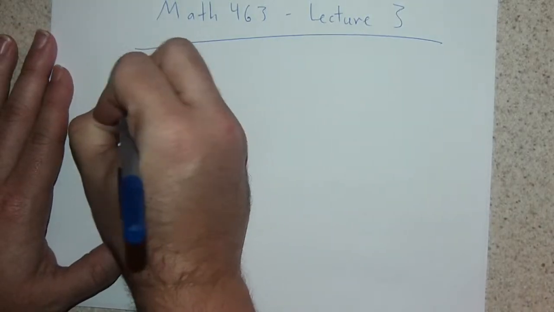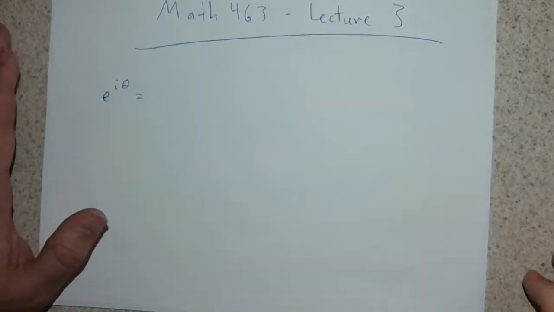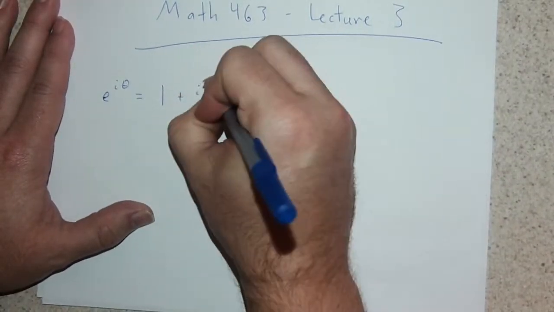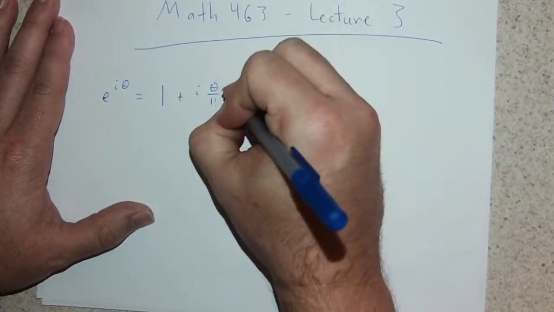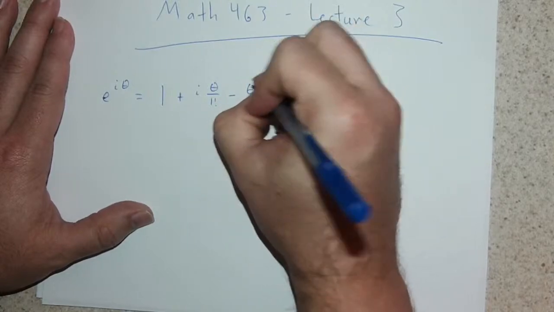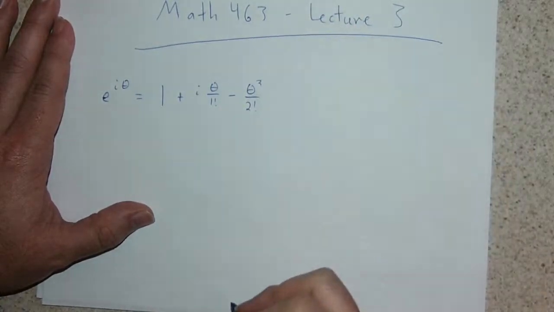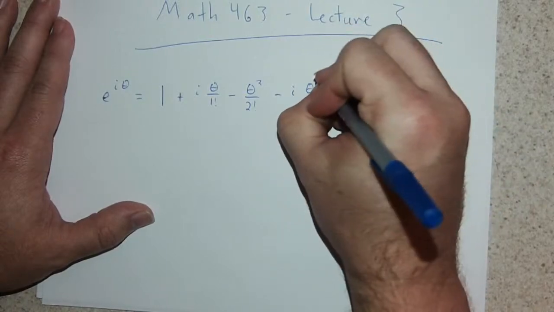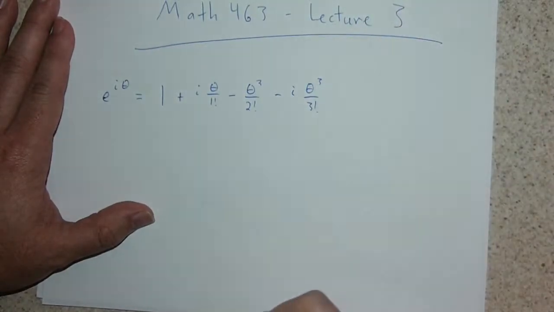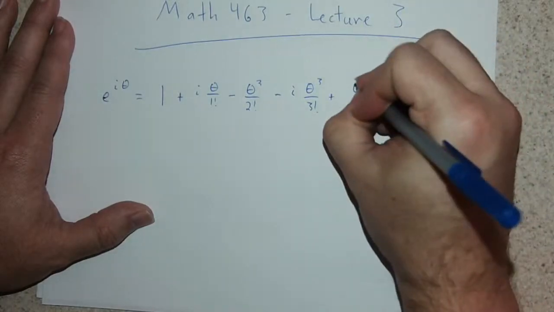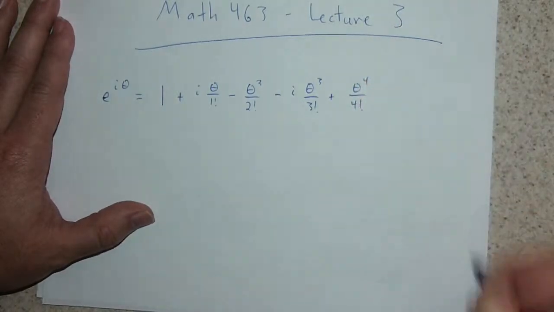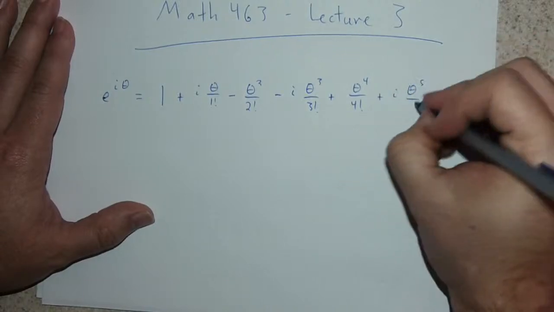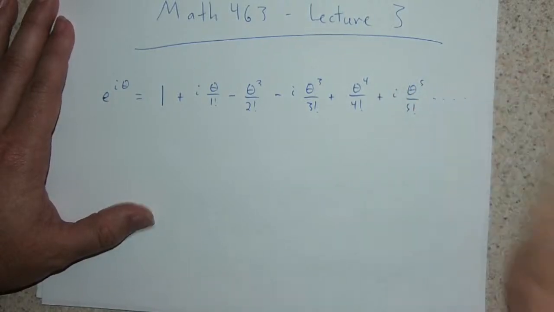So e to the i theta, if I write this power series out term by term, is 1 plus i theta over 1 factorial minus theta squared over 2 factorial minus i times theta cubed over 3 factorial plus theta to the fourth over 4 factorial plus i times theta to the fifth over 5 factorial, and so on.